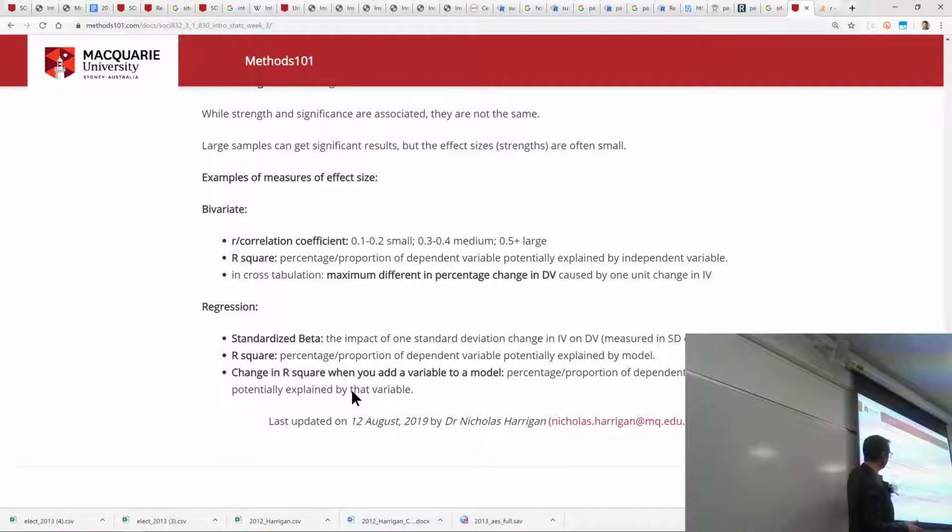The last one, which is probably the most significant of all of them, is this. When we're asking effect size, we don't ask what is the effect of coffee on sleep. We want to say what is the effect of coffee on sleep, controlling for a whole lot of other factors.